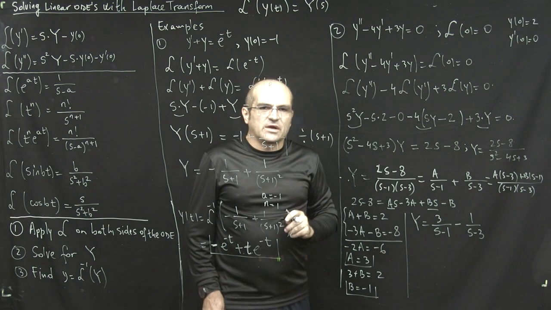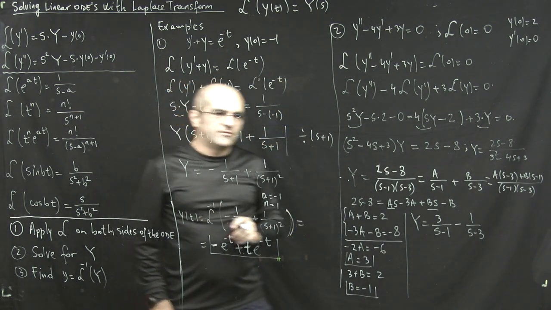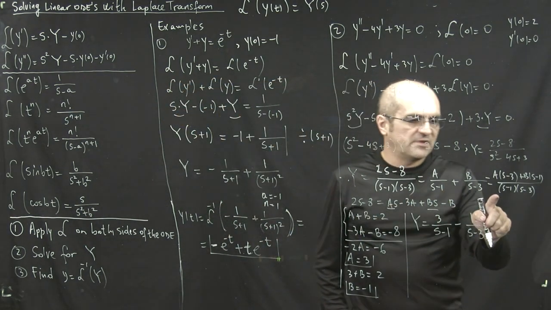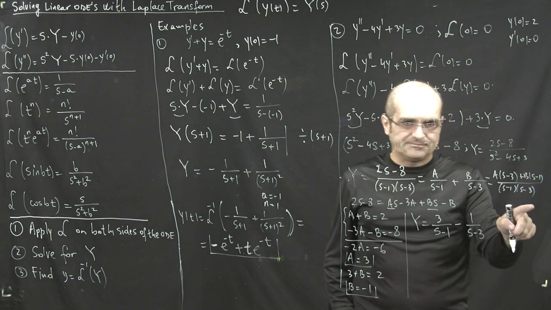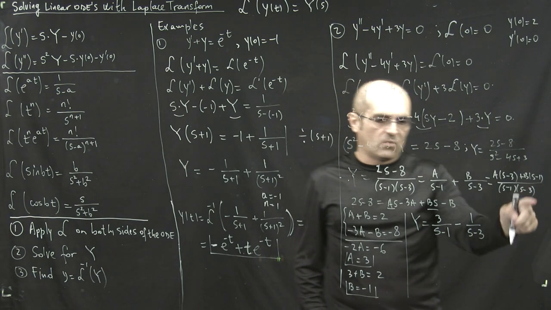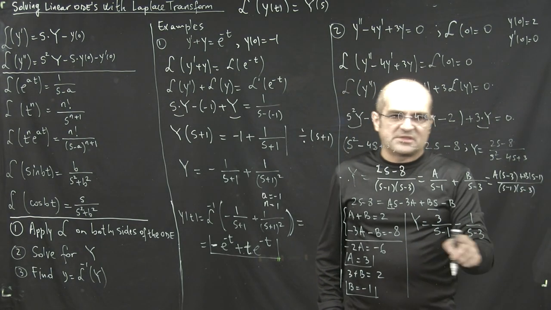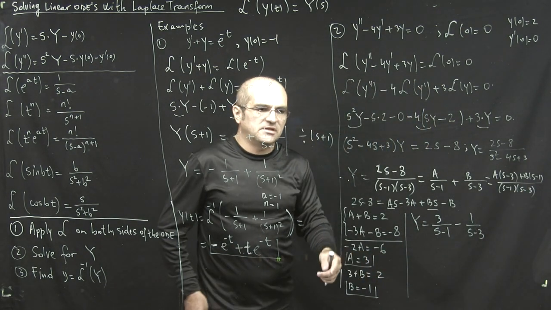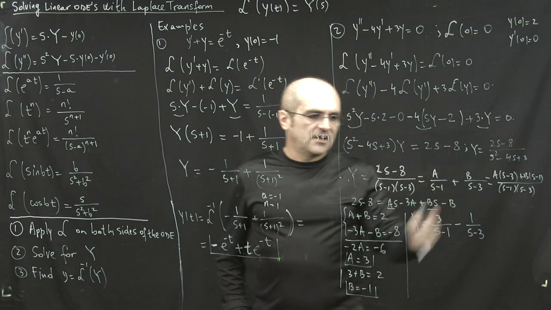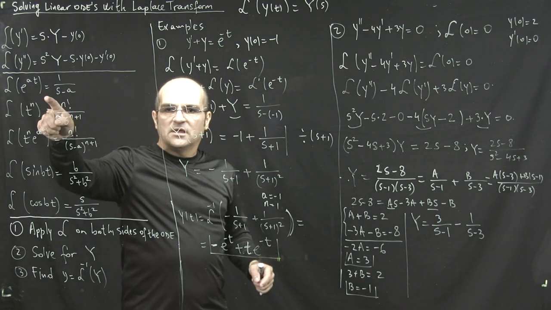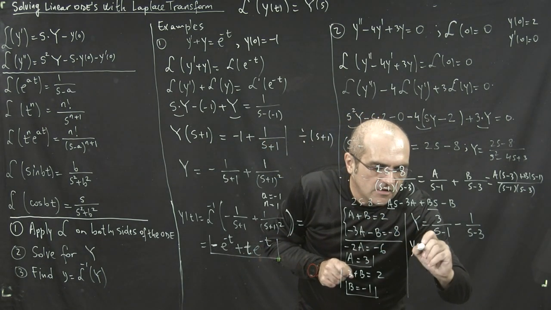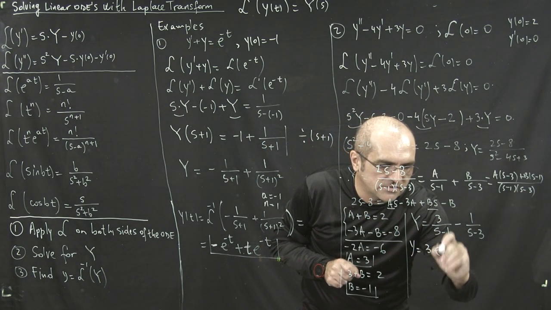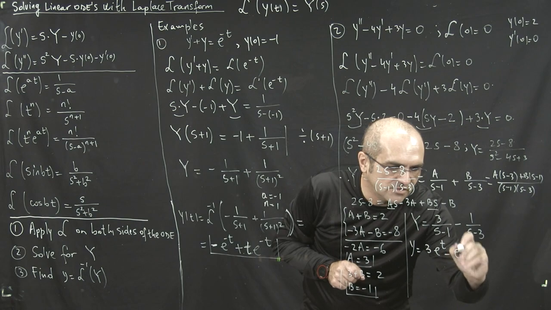Like I told you before, if you remember in the previous lesson, if the factors at the bottom in a partial fraction are linear, so with power 1, then you always end up with a bunch of exponentials, because you always split it into fractions like this, and they all tie up to the L of e to the at. So when you take the inverse Laplace of these terms, this is 3e to the t minus e to the 3t.